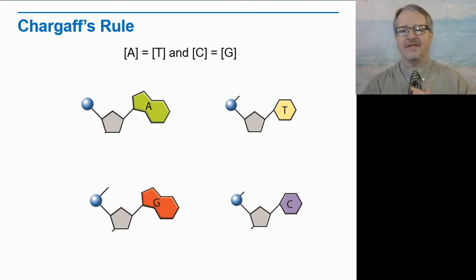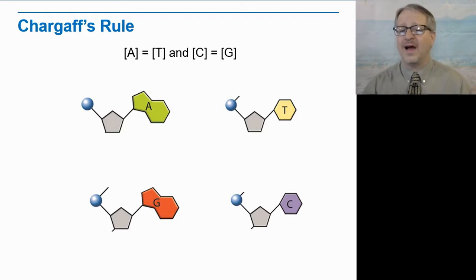He discovered that the percentages of adenine, the A, and the percentages of thymine bases are almost equal in any sample of DNA that you look at. He also found that to be true of guanine and cytosine. Basically, there was the same number of adenine nucleotides as there were thymine nucleotides, and with guanine and cytosine, about the same number of each.